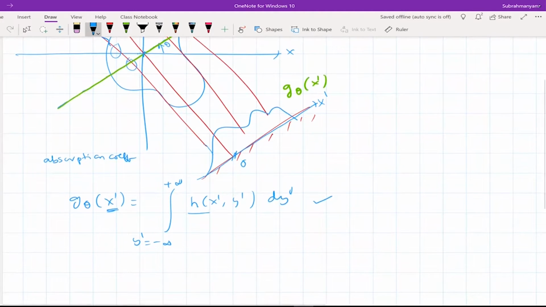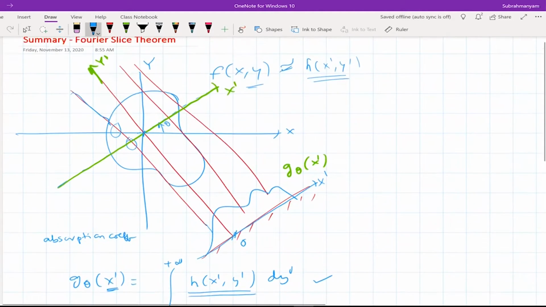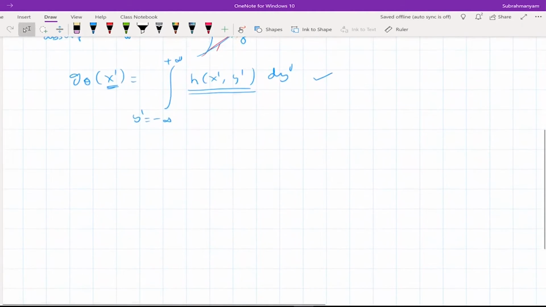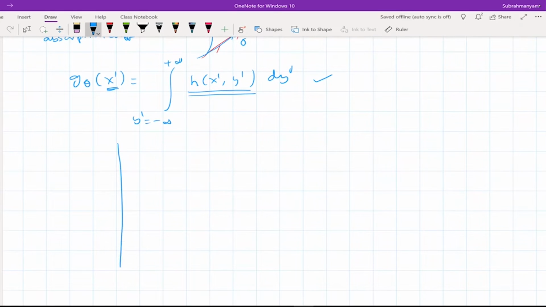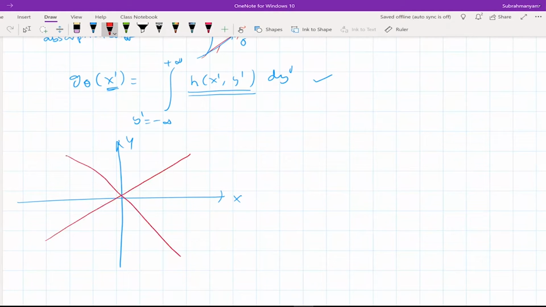And then what we did is, how could you get h of x dash comma y dash? For that, we looked at rotation of coordinate axes. If you have x and y here, and now you rotate them in the anti-clockwise direction by an angle theta, you get x dash, y dash. Then what did we get here?